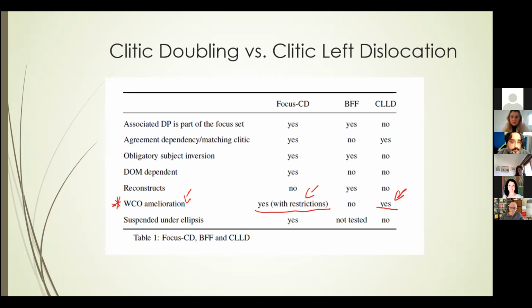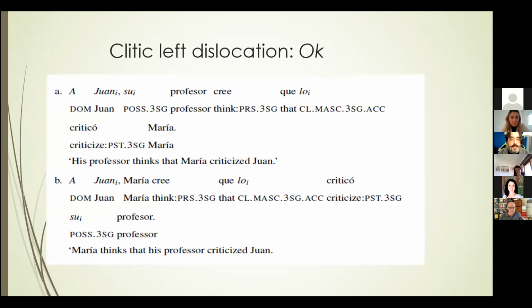Yesterday, Juan José talked a little about focus diagnostics, subject inversion, and DOM dependency, etc. But we are going to contrast only clitic doubling plus focus fronting, which improves weak crossover, but with some restriction. And then we are going to compare this weak crossover amelioration with clitic left dislocation, which is without any restriction. That's interesting. So this is the restriction.